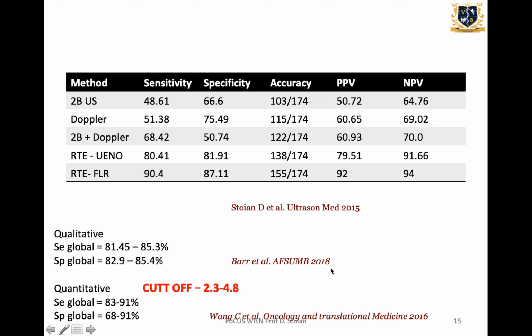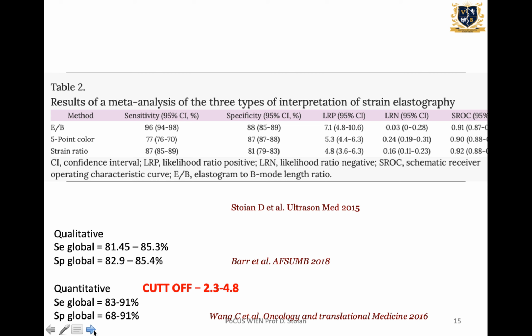Big meta-analyses show a global sensitivity up to 85% with a global specificity around 85%, and the same is valid for quantitative strain, but the problem is the cutoff values are different from different devices, and can be different even in the same family of devices, meaning the same manufacturer, different devices with different sensitivity.